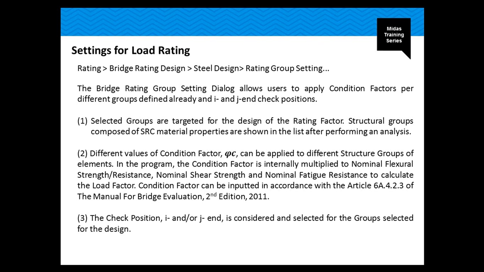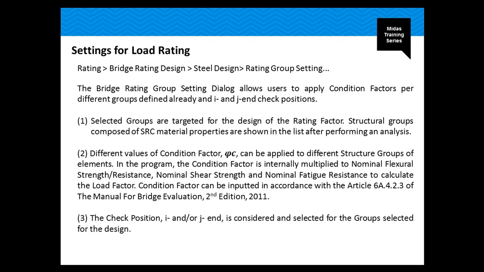You can apply it to different structural groups of elements, and then the program will consider the condition factor internally, and it's gonna multiply it by the nominal flexural strength and resistance, the shear, and the nominal fatigue resistance for the load factor.